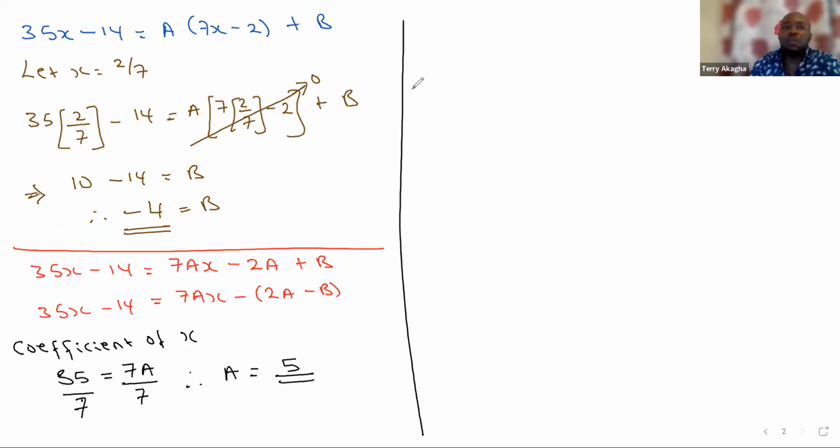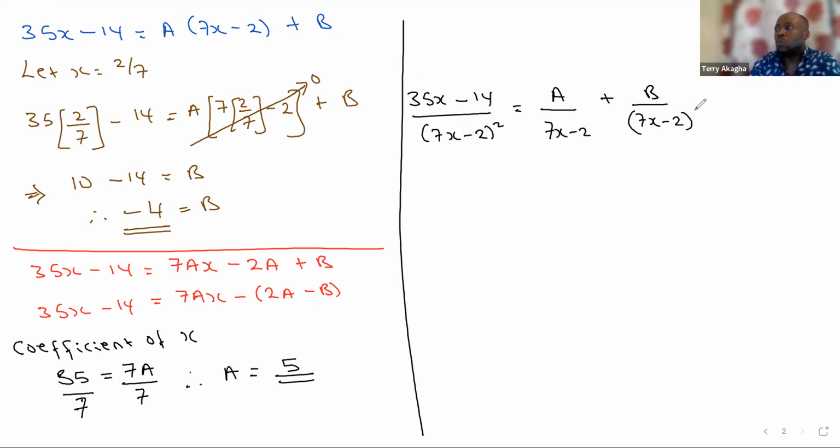So that means I can now say the initial question that was 35x minus 14 over 7x minus 2 all squared, that was equal to a over 7x minus 2 plus b over 7x minus 2 all squared.